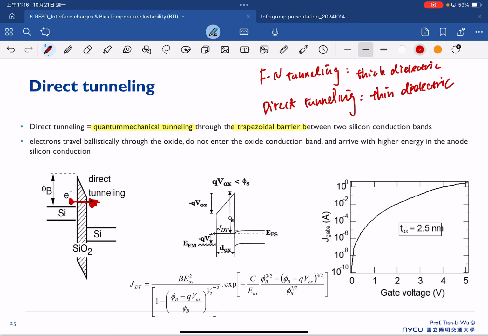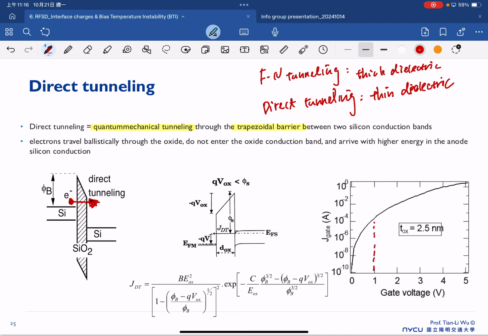And the equation is shown here, and this is one example where with 2.5 nanometer, we can see the current increase very fast. If you look at this dielectric thickness with VG applied at 1 volt, the current has already reached 10 to the minus 4 amp. So that means direct tunneling is a huge issue in thin dielectrics as a leakage, because the leakage current increases very fast.